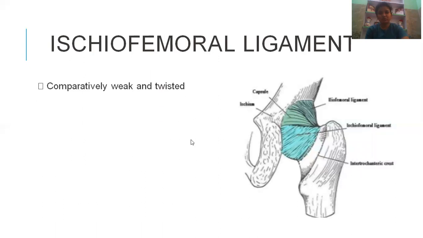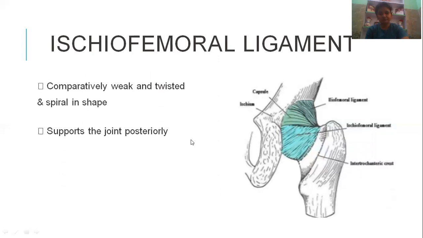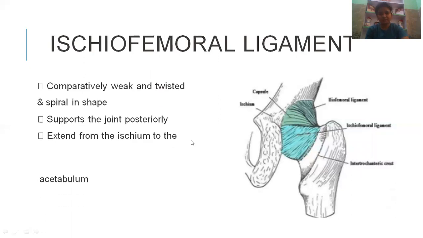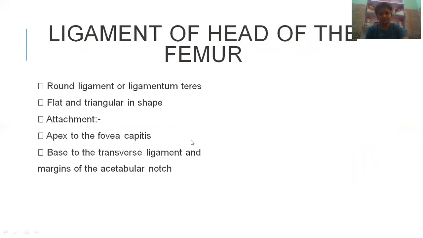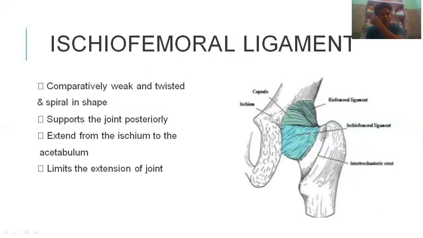Now, the ischiofemoral ligament. So this is the ischiofemoral ligament. Comparatively, it is a weak band, while the iliofemoral ligament is a strong band and inverted Y-shaped.